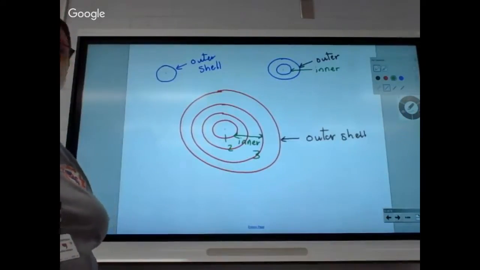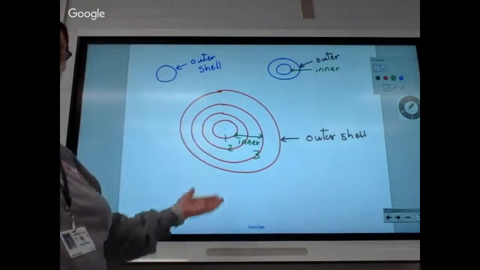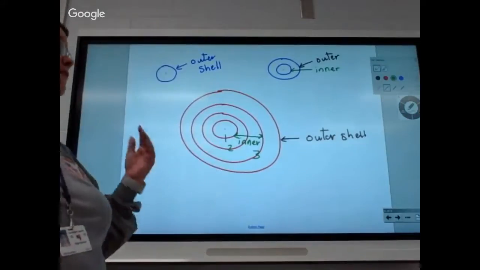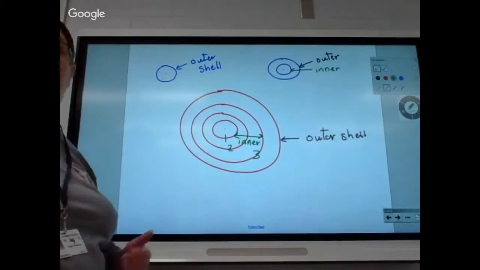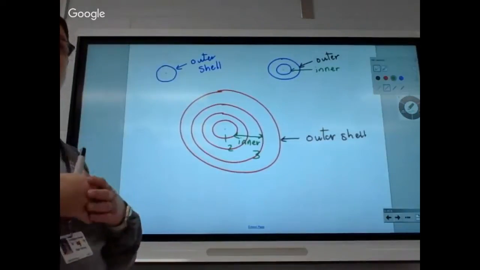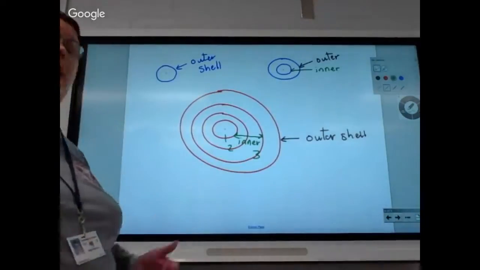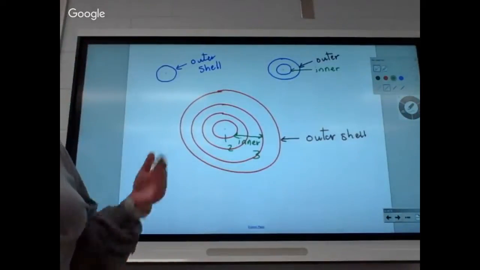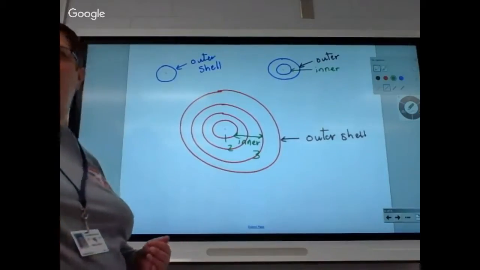So, when I say that the outer shell is that 1 outer main energy level and everything else that's not the outer is automatically the inner shell, you might have 1 inner shell. You could have many inner shells. So, I'm going to write some configurations, and we're going to identify the inner and the outer shell. Everybody got what they need from the pictures?